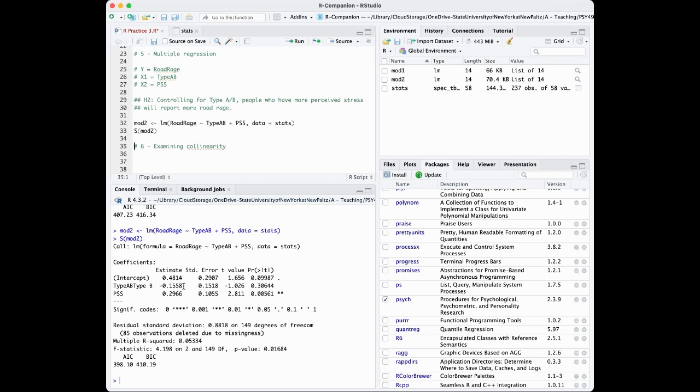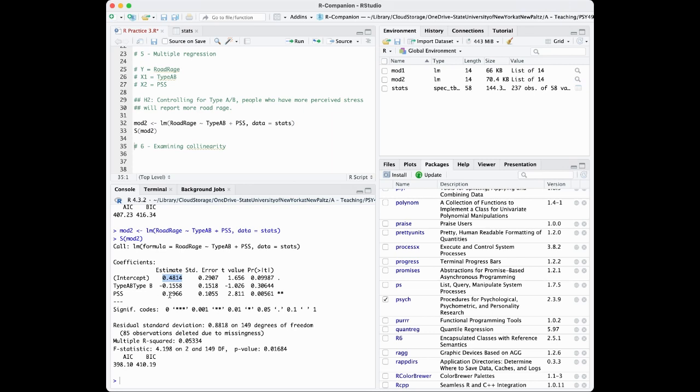Now, if somebody is 0 on both of these things, which technically isn't true, because while you can be type A, which is 0 on this variable, you can't have a perceived stress score of 0 because the scale goes from 1 to 5. But if somebody was off the charts with a 0 of perceived stress, we would expect them to have a very low score on road rage.